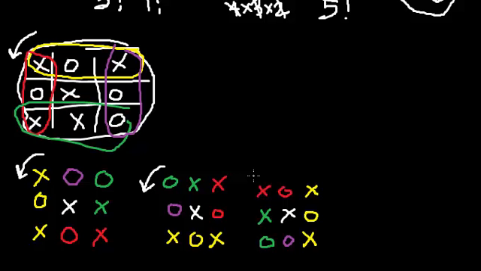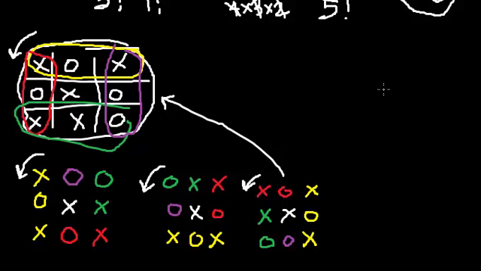Is it the same as any of this? I don't think so. It's not the same, so it's another distinct rotation. Now notice if I do another one, obviously it goes back to this. So we can only do 4 quarter rotations to make a distinct set.